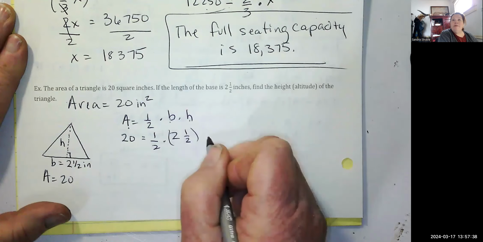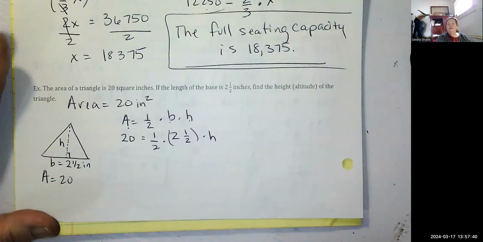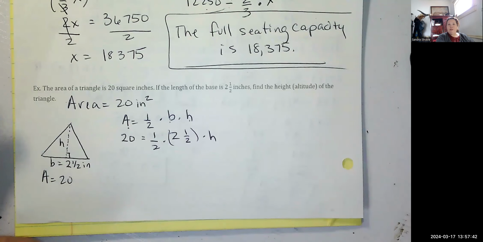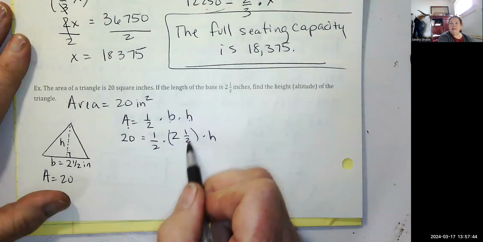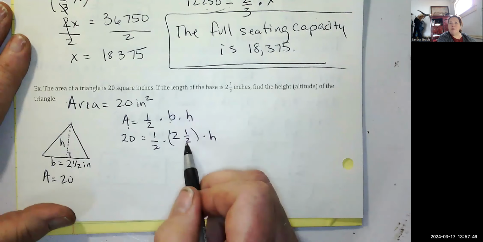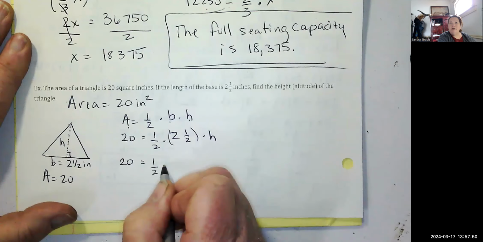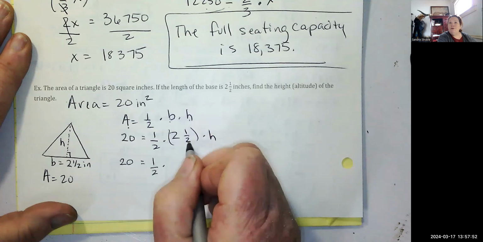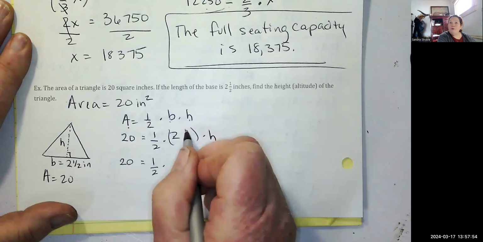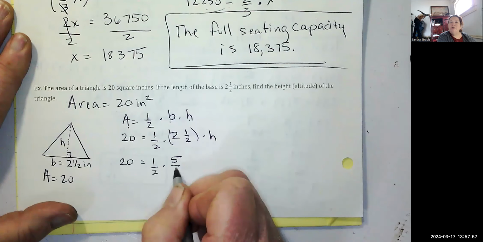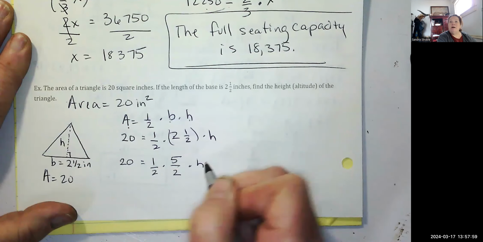I'm going to put that in parentheses, and then times the height. Okay, let's start by getting rid of this mixed number and turn it into an improper fraction. 20 is equal to 1/2 times, I'm going to go around the world, 2 times 2 is 4, 4 plus 1 is 5, divided by 2, times the height.